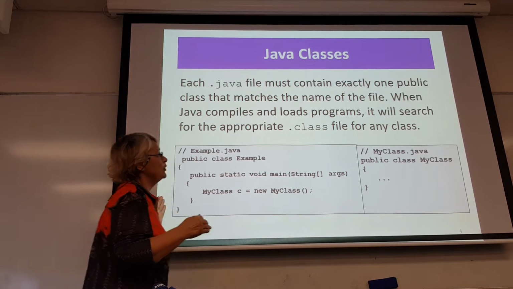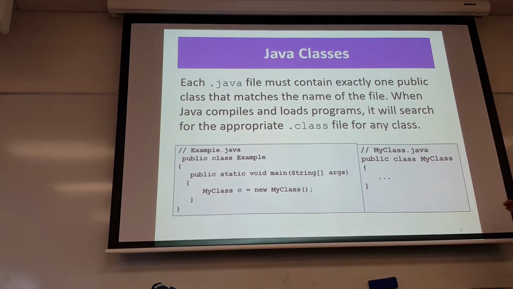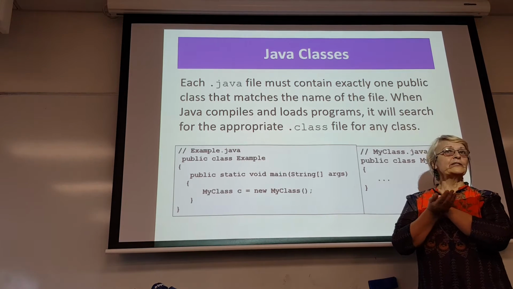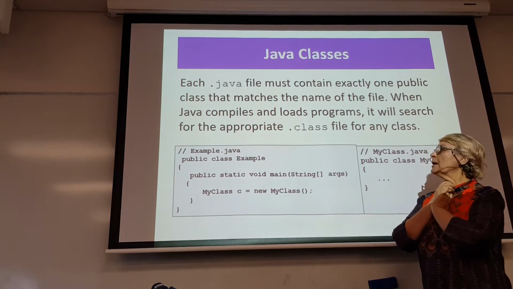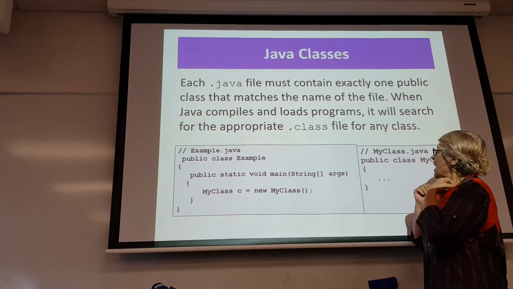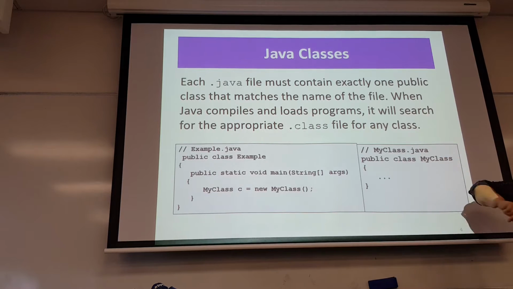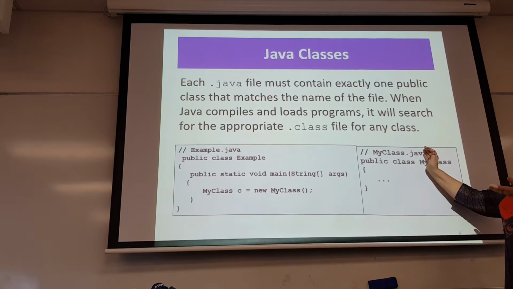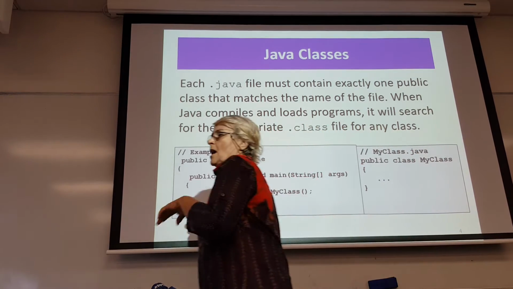As long as you declare your classes in the same directory, the compiler will find them and use them appropriately. Assume that you have a class called Example in one file and another class called MyClass in another file, and they are in the same directory.